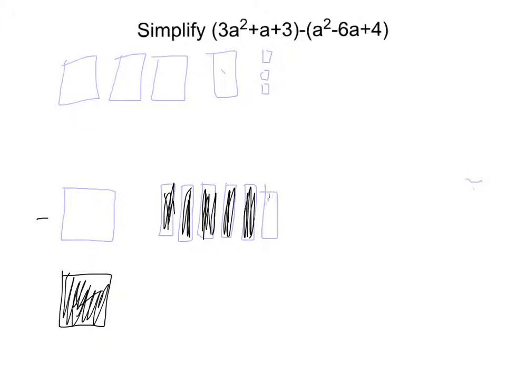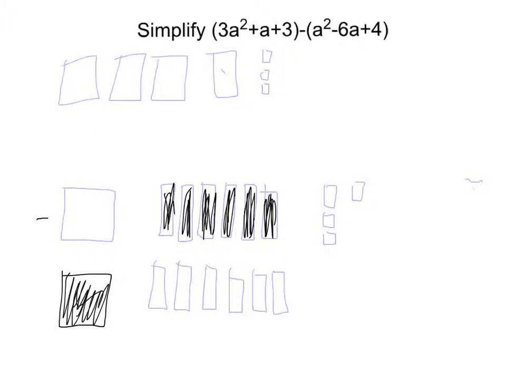Now, 4 times 2a is 8a. We have to put in their opposites since we're subtracting them. 1, 2, 3, 4, 5, 6. And then a plus 4, so 1, 2, 3, 4. Then we have to put in their opposites. 1, 2, 3, 4. Color those in to represent that they're opposite, because I said earlier that dark were opposite.